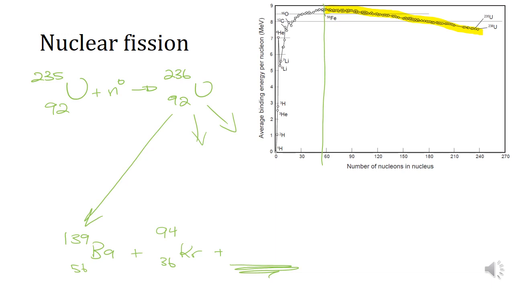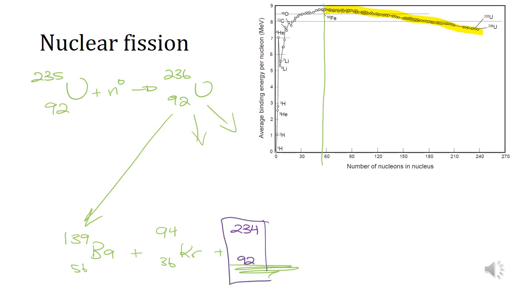So how I would do this and how I did it on the previous slide: 139 plus 94 gives us 233. 56 plus 36 gives us 92.